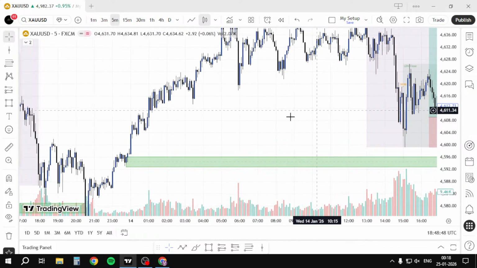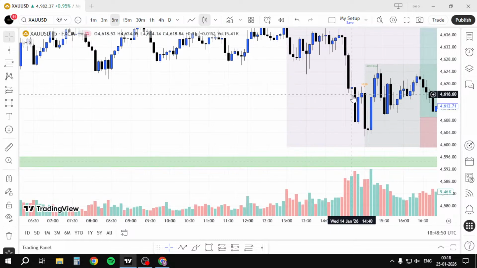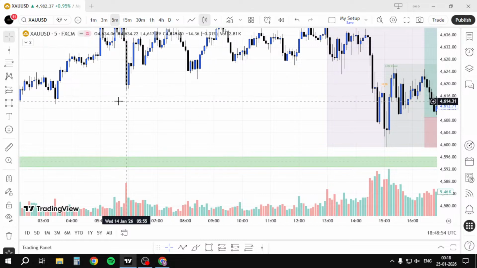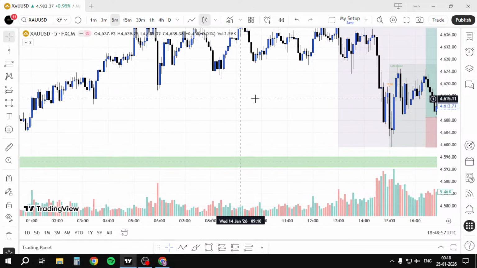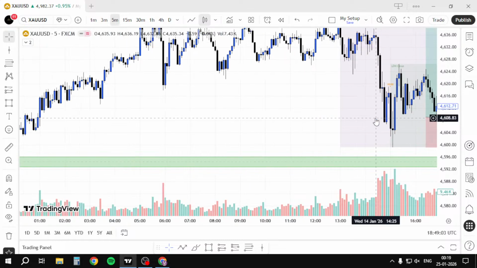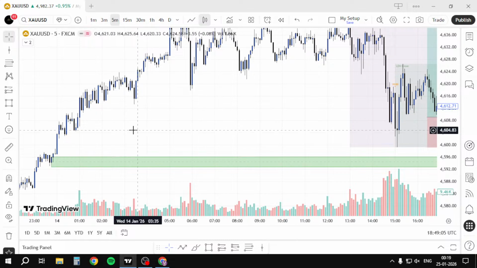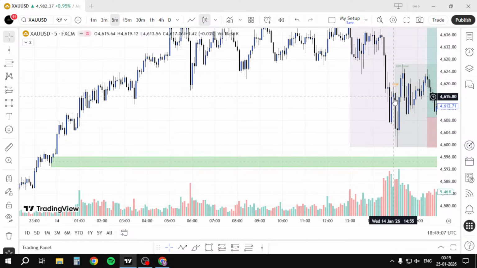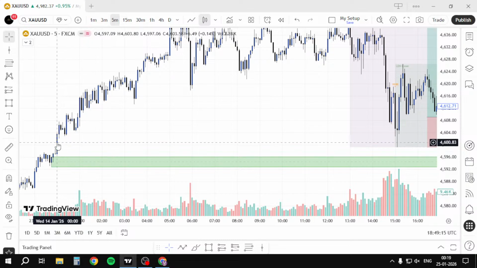Here is a bullish candle, but there is no POI tapped, so ignore that. Then again a selling candle, then again a bullish impulse, but no POI tapped. Then this was the time when a wick left behind and tapped this FVG.